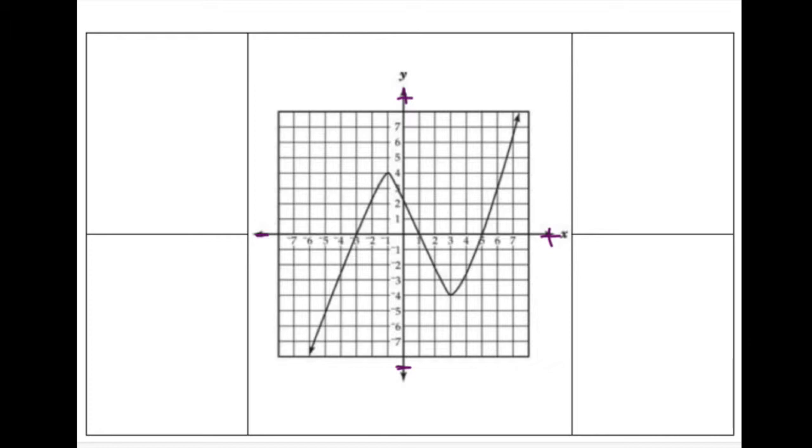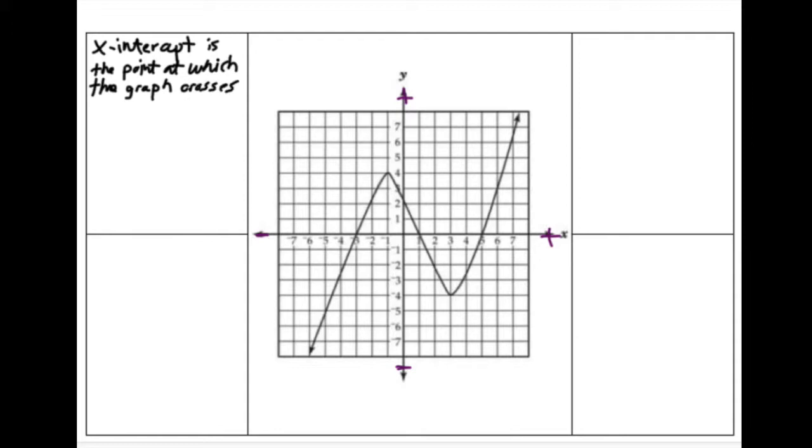The first thing we're going to talk about is the X and Y intercept, and remember that's in the upper left-hand tab. So the X-intercept is the point at which the graph crosses the x-axis, right?